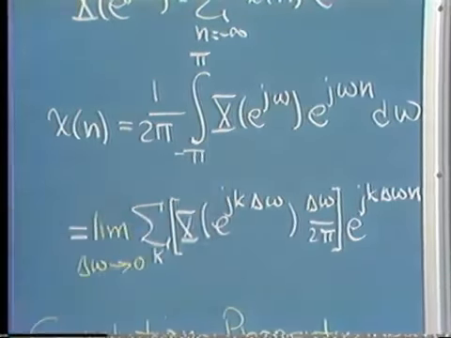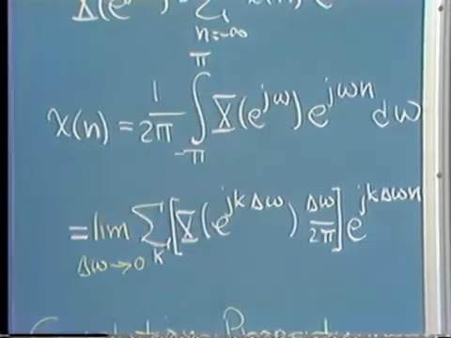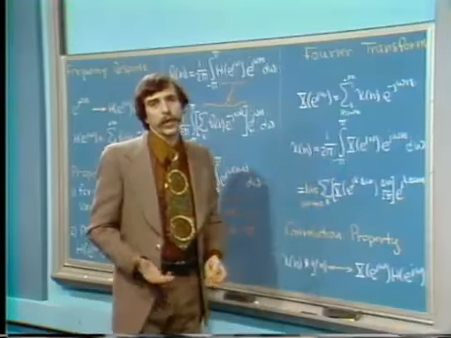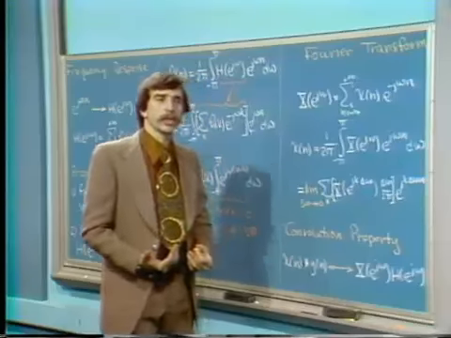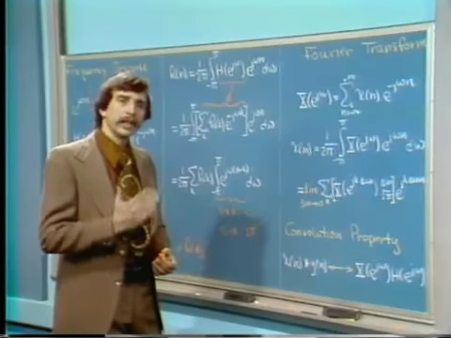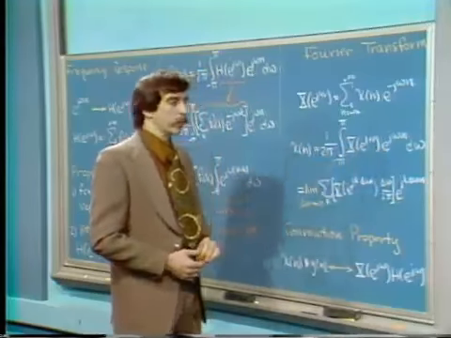This limit is, by definition, what this integral is. So an important point to keep in mind is that basically the Fourier transform corresponds to a decomposition of a sequence in terms of a linear combination of complex exponentials with incremental amplitudes.